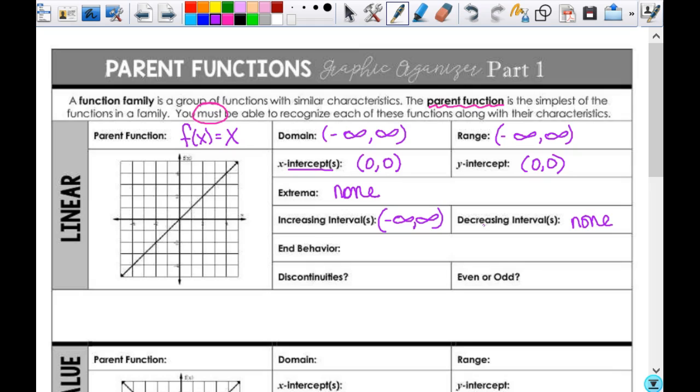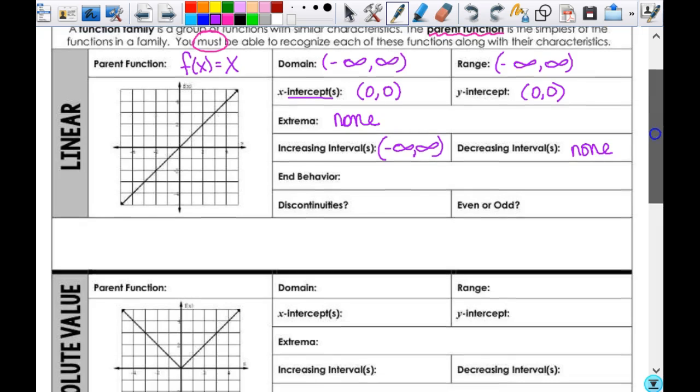Okay, and that was one thing that was a little confusing to some of you. At that point, it's not increasing or decreasing because it's switching over. Right. So then our end behavior requires a little sentence. So as x approaches infinity, f of x approaches something. So as x approaches infinity, then what is my f of x?